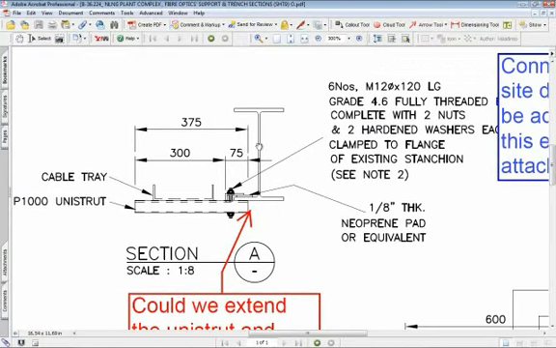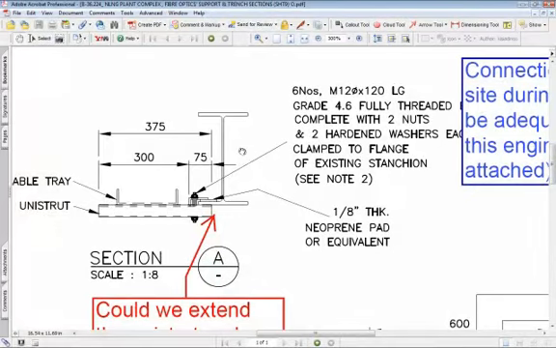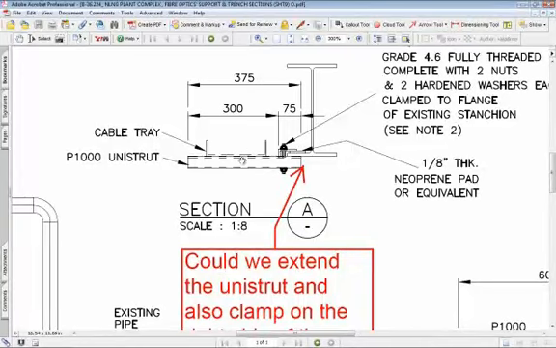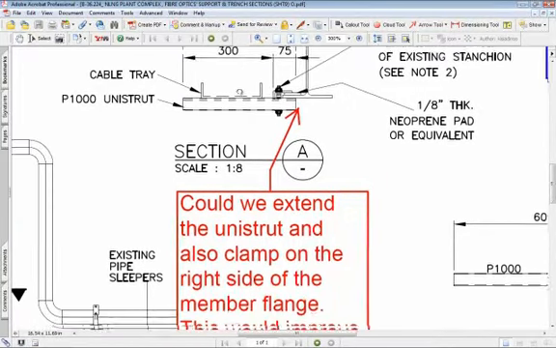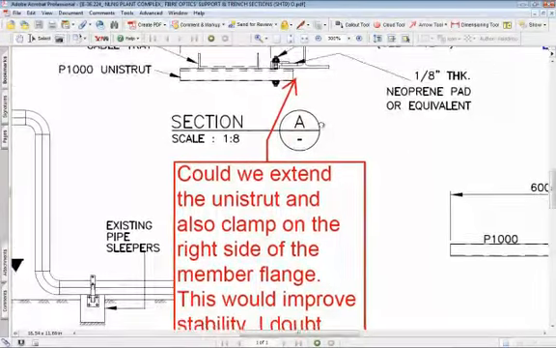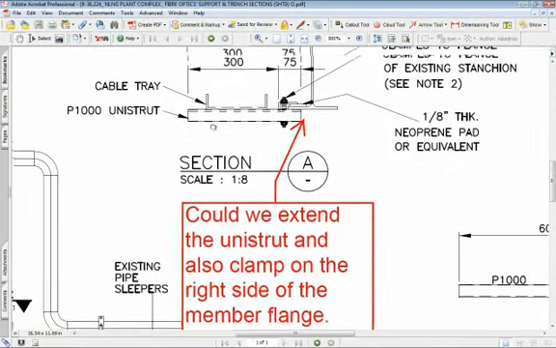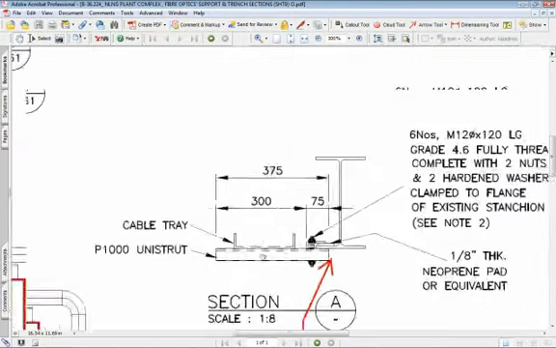The description of this drawing for construction indicates that we have 6 M12 by 120 millimeter long grade 4.6 fully threaded bolts, complete with 2 nuts and washers. The owner of this facility was concerned about the design, asking if the cantilever is satisfactory against failure of the structure, the tray it is carrying.